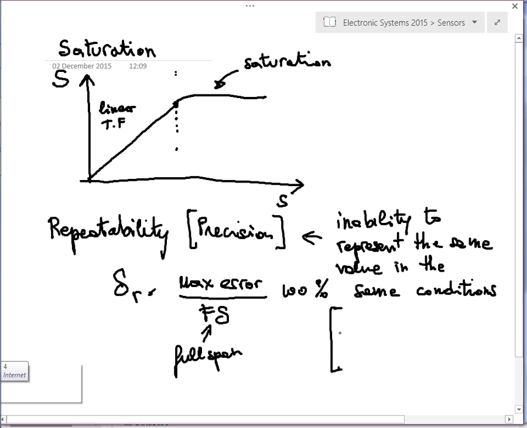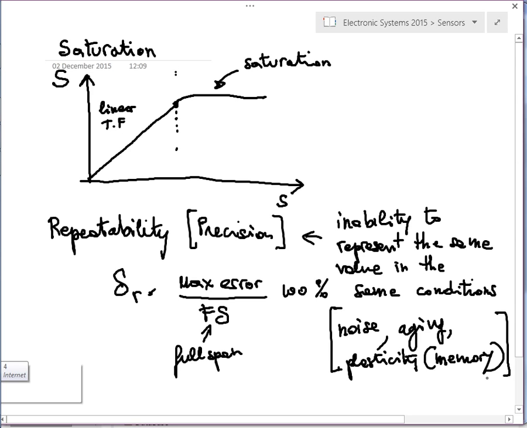And it really can be due to different aspects. For example, it can be due to noise, it can be due to aging, it can be due to, let's say, plasticity, which is the same as saying some memory that the material has, it does not return to its basic situation.